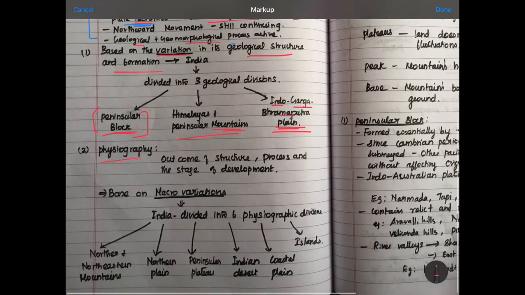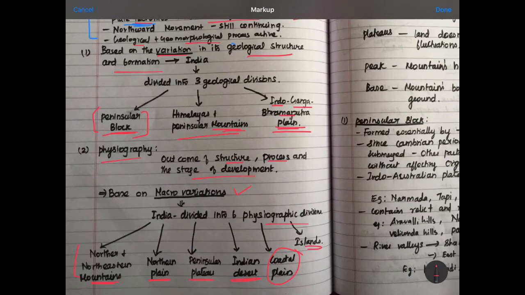The second classification is the outcome of structure, process and stage of development of these land masses, based on macro variation. Macro means very big variations. Depending on this, India is classified into 6 physiographic divisions: the northern and northeastern mountains, northern plains, peninsular plateau, Indian desert, coastal plain and islands.